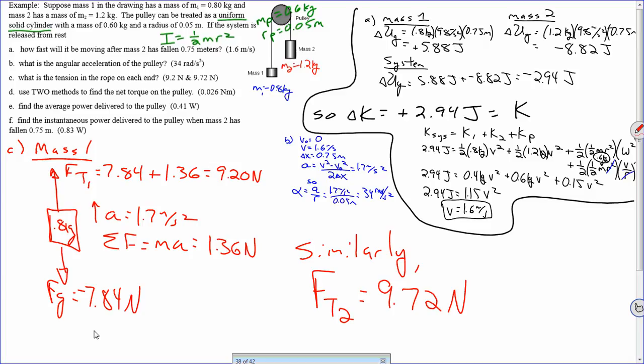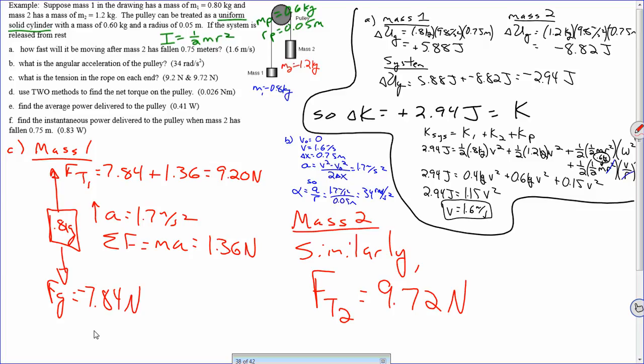So this is a little sloppy, and I'll give you a better explanation in a minute. But the idea is the mass over here is providing a tension of 9.72 newtons, pulling this way. Some of that tension gets used up turning the wheel, and what isn't used turning the wheel goes to lifting mass 1.